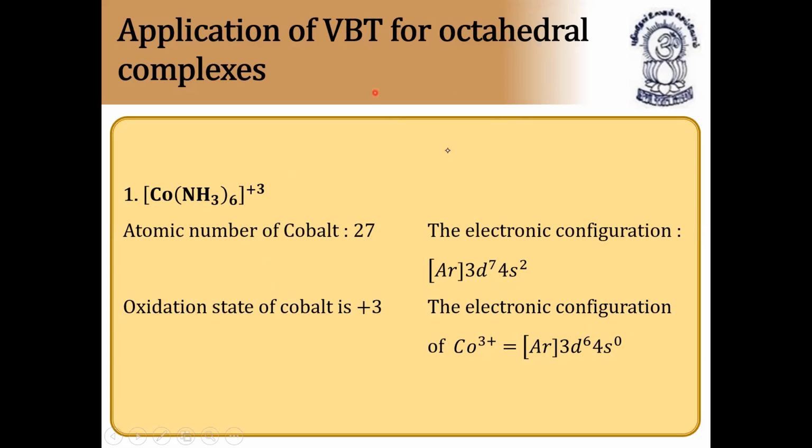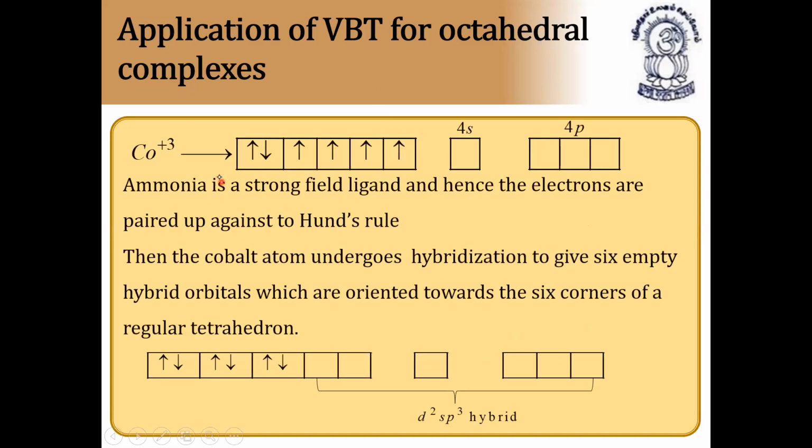Electronic configurations are very important. Since it is cobalt +3, it has 3d6 configuration, with 4s0 and 4p also empty. Ammonia is a strong field ligand, very important. Since ammonia is a strong field ligand, the electrons are paired up against Hund's rule.